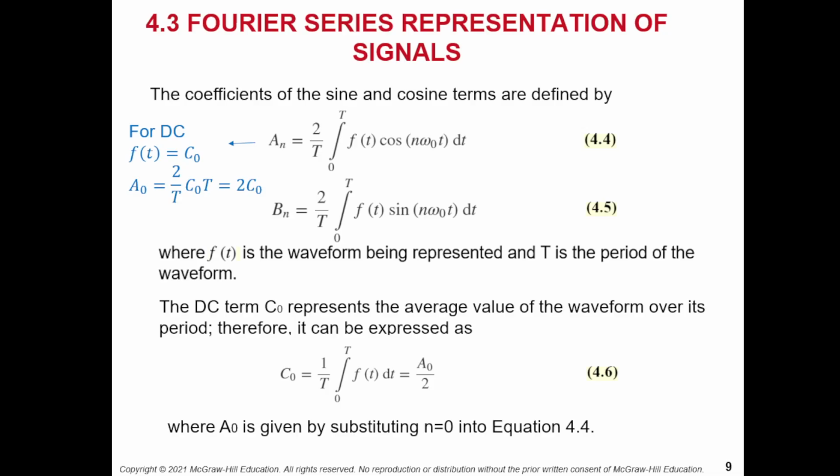So C0 is nothing but A0 divided by 2. Very, very simple. As long as you know A0, then you know C0.